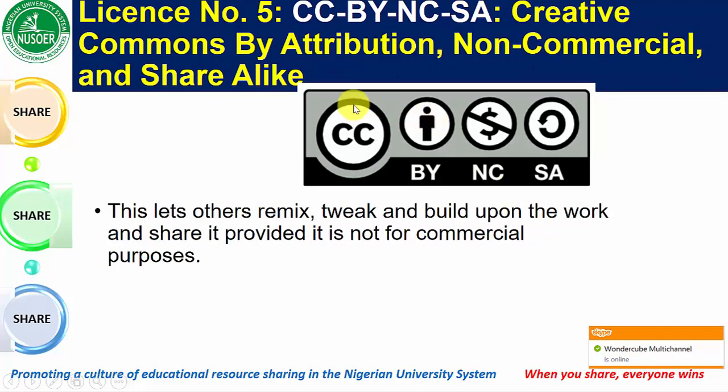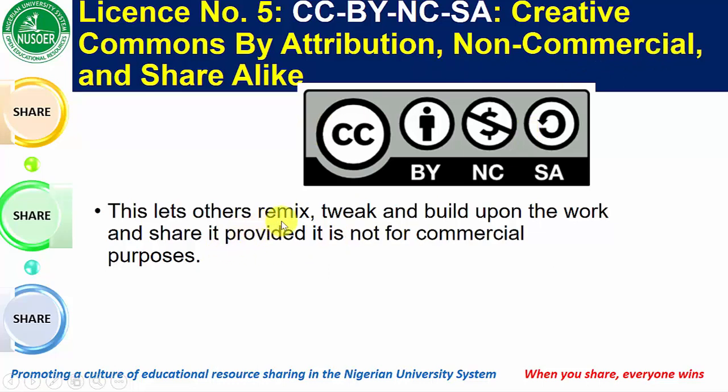So let's go on to the next one, the last but one. We're at the last bus stop for the Creative Commons category, the spectrum. So we have CC by NC SA, Creative Commons by attribution, non-commercial and share alike.